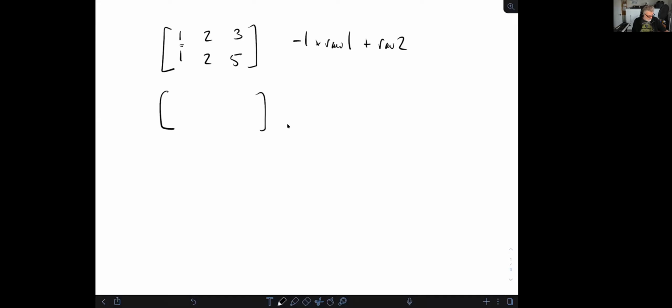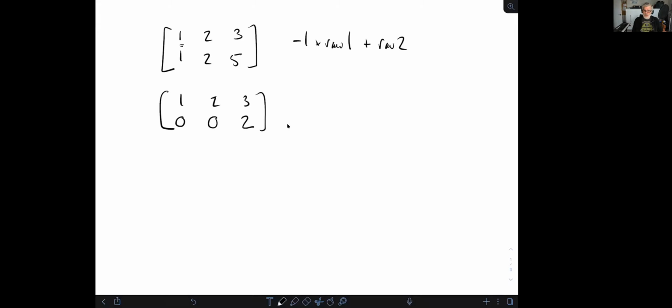I get this. So the first row doesn't change: 1, 2, 3. Minus 1 plus 1 is 0. Minus 2 plus 2 is 0. Minus 3 plus 5 is 2. And do you see what happens, right?